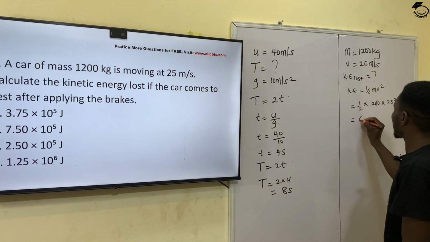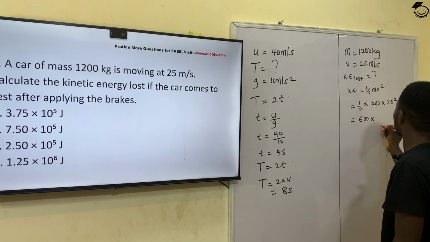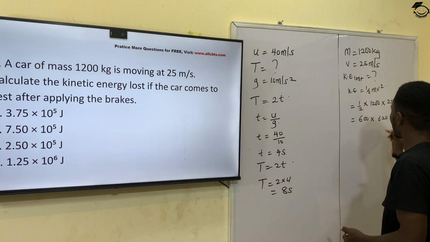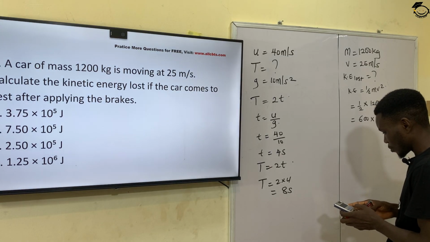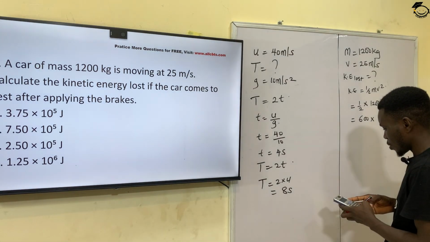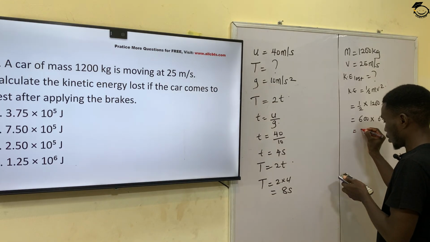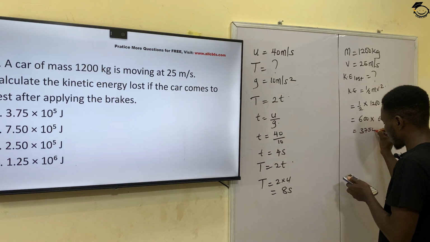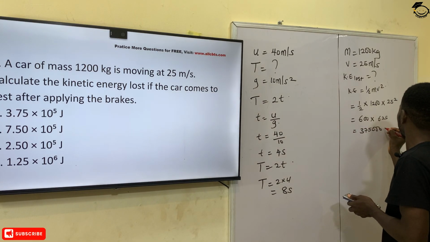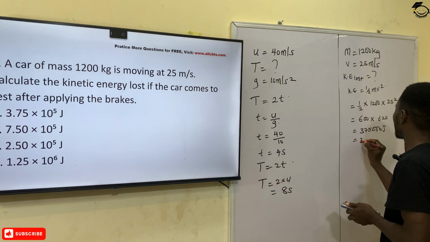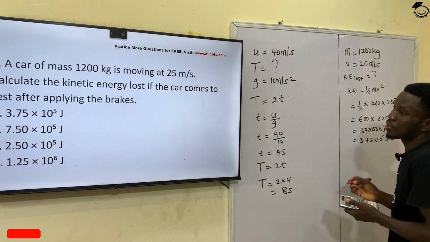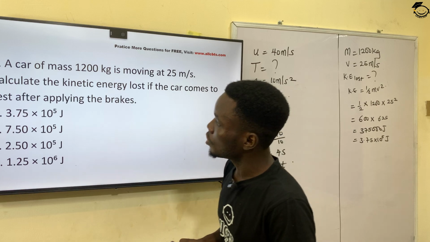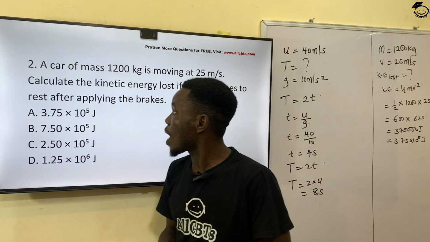This will give me 600 times 625, because 25 squared gives 625. That gives me 375,000 joules, which is the same as 3.75 times 10 raised to power 5 joules. So our correct answer is 3.75 times 10 raised to power 5 joules.